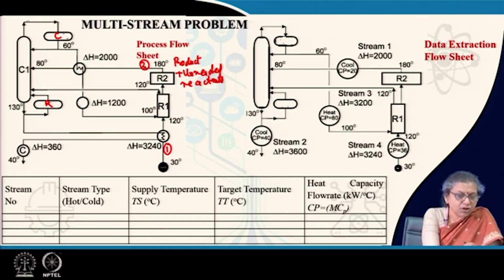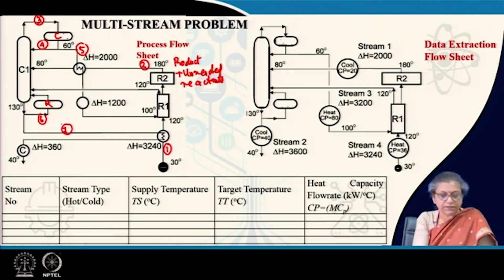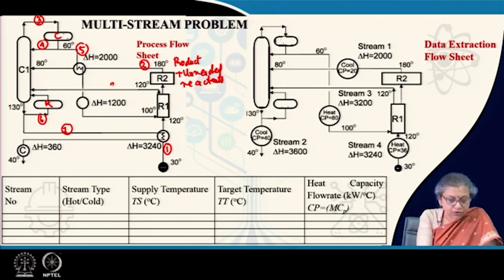From the distillation column, the top product goes out, this is one, it comes to the condenser, then from the condenser there is a reflux and there is the distillate which is again fed here. From the bottom there is one other bottoms product, a part of it is sent here. So, if I take it as 6 and the remaining part goes out, this is the 7th stream. So, in total, and well, there is one other I forgot. This is also one stream which is there.